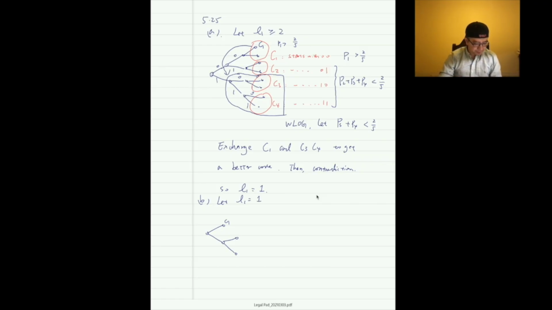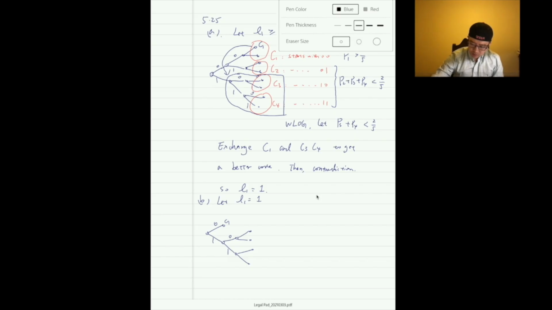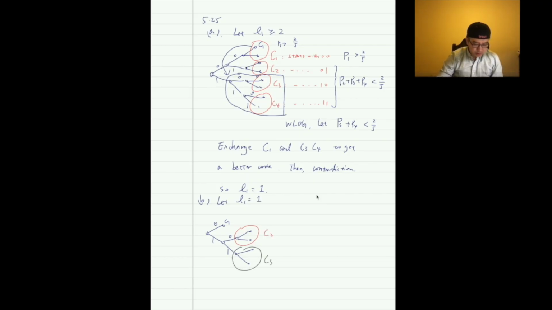And now for the rest of the code, let's say we have two categories. Maybe I use a different color here. So here 0, 1, 0, 1. Let's call all the codes that are here C2 and all the codes that are here C3.